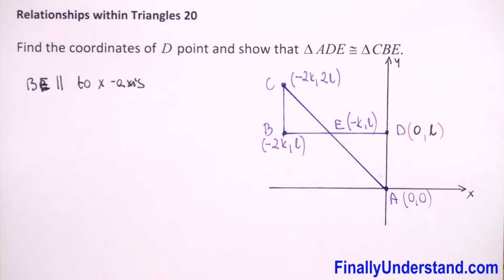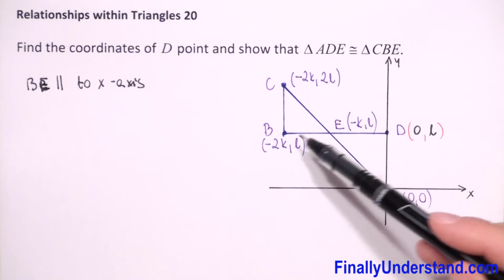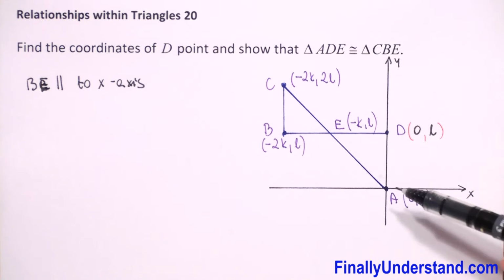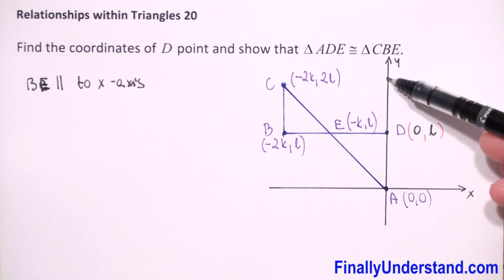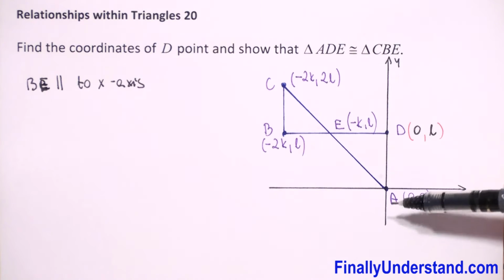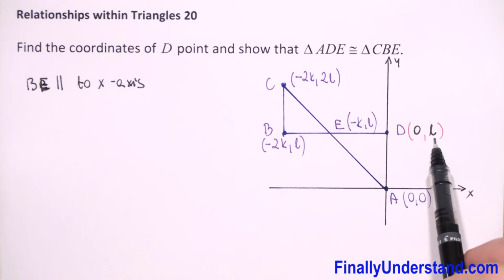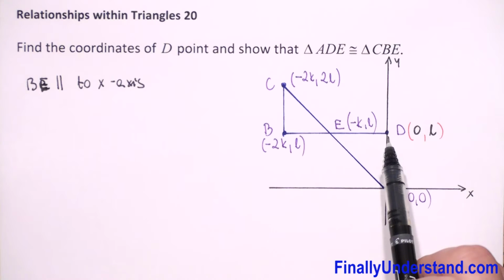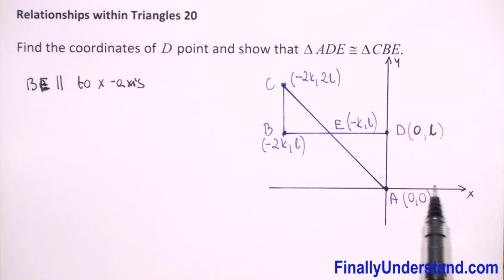So next we have to show that triangle ADE is congruent to CBE. Let's check coordinates of the first triangle, because we see that AD is on the y-axis and ED has the second coordinate the same. So this line BED, which passes points B, E, D, is parallel to x-axis.